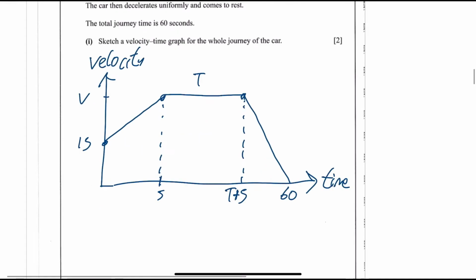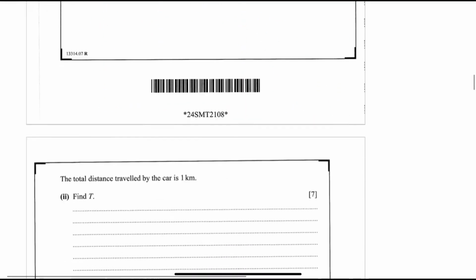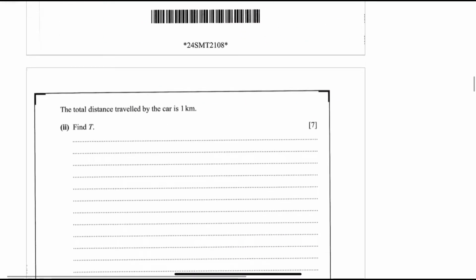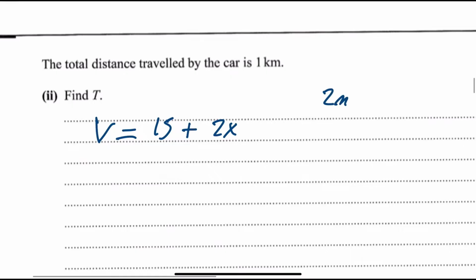Okay, next part of the question, we'll come back to this very quickly. It says the total distance travelled by the car is 1 kilometre. Find t. So first thing I want to do is find my v. It started at 15 meters per second, and it accelerated at 2 meters per second squared for 5 seconds, which means your velocity is increasing by 2 meters per second every second.